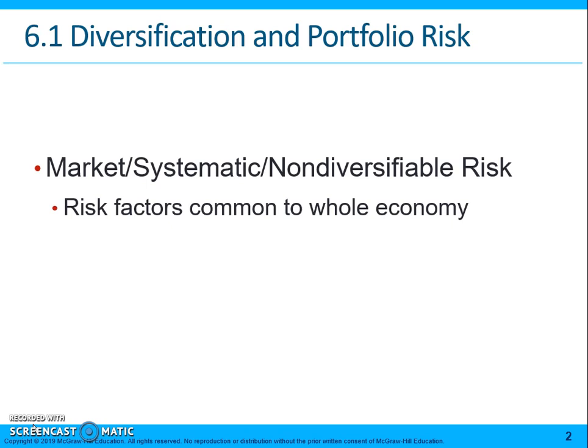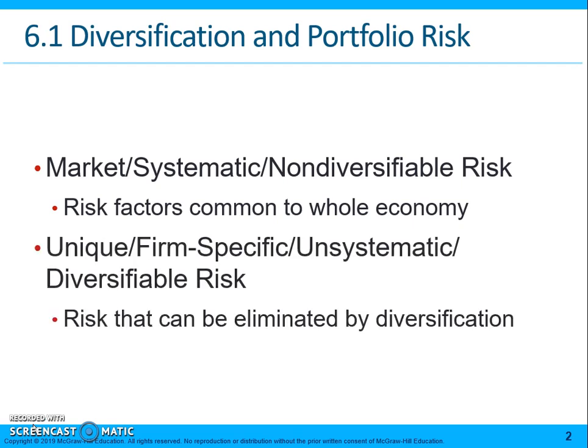So we can't diversify these risk factors that are common to the entire economy. However, we can diversify away firm-specific or unsystematic risk. This risk can be eliminated through diversification. By adding a sufficient number of stocks, we can virtually eliminate this type of risk.